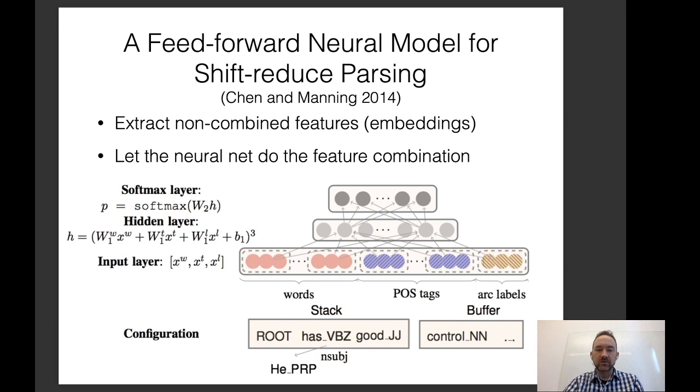Then they let the neural network do the feature combination. But one issue with this is you still need to know what underlying features you want to be using, like words or part-of-speech tags, when in fact we would like to let the whole feature extraction process be left to neural networks.